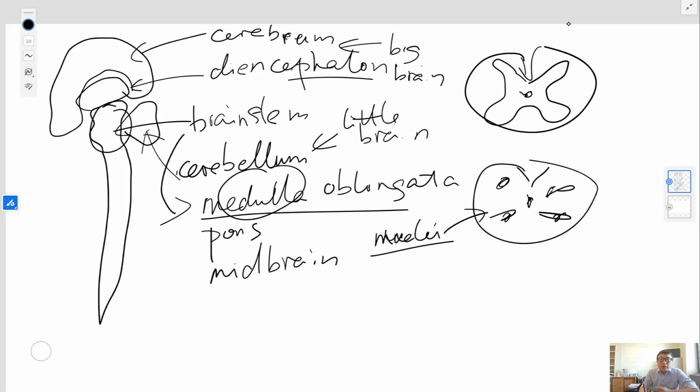forming something called nuclei. A nucleus is a cluster of neuron cell bodies joined together, similar to the ganglia in the peripheral nervous system. In the central nervous system, this cluster is called a nucleus, or nuclei as the plural form. In the medulla oblongata, some of the nuclei we already mentioned before.